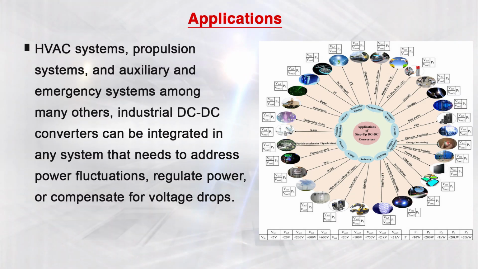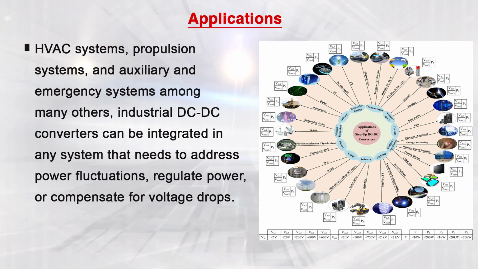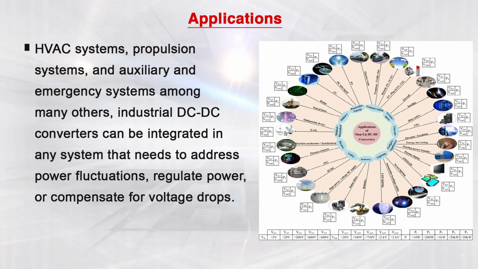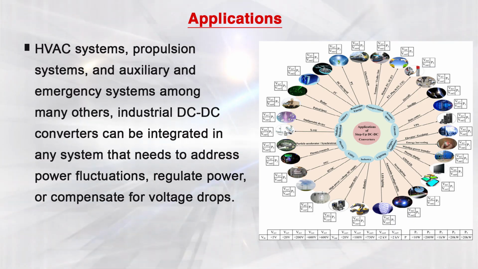And many more applications are there for these DC-DC converters, like in HVAC systems, propulsion systems, and auxiliary and emergency systems. Many other industrial DC-DC converters can be integrated in any system that needs to address power fluctuation, regulated power supply, or compensate for voltage drops.